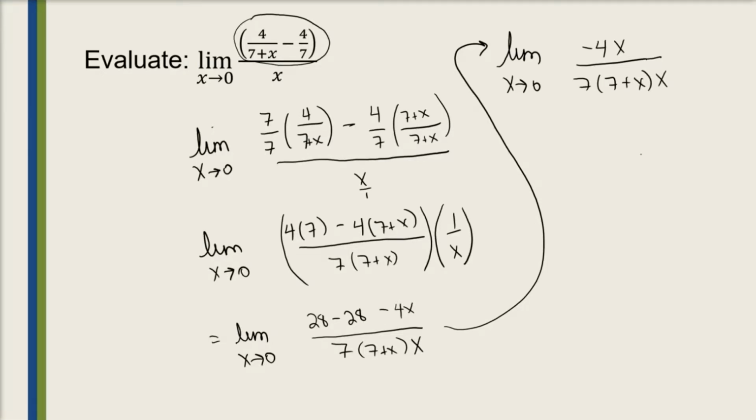And now I can cancel this common factor of x to get the limit as x approaches 0 of negative 4 over 7 times 7 plus x. And now this we can evaluate by direct substitution to get negative 4 over 7 times 7 plus 0, or just negative 4 over 49.